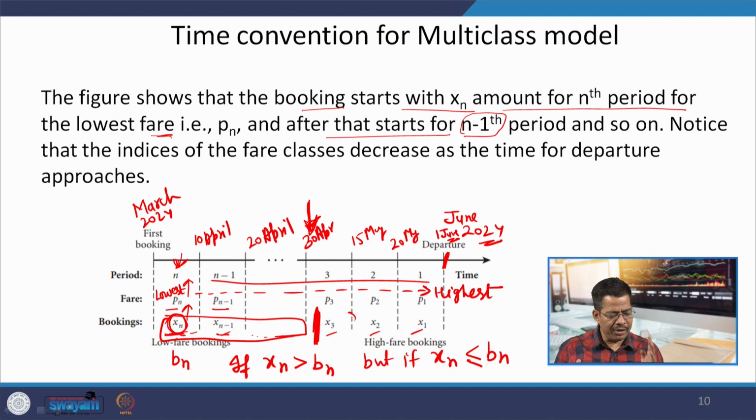You see, when I am going for the P3 class, Pn, Pn minus 1, Pn minus 2, etc. are already over. So, I am not going back in time, and I am not going into the future either. I am only talking of the present booking class for which I am going to do booking in this particular period.